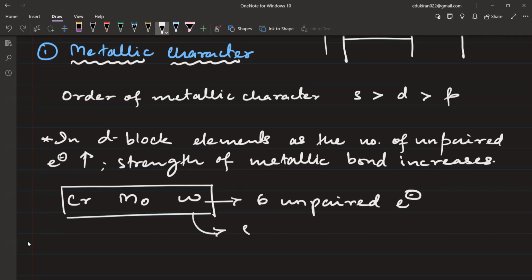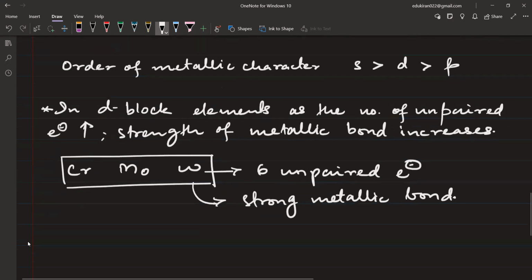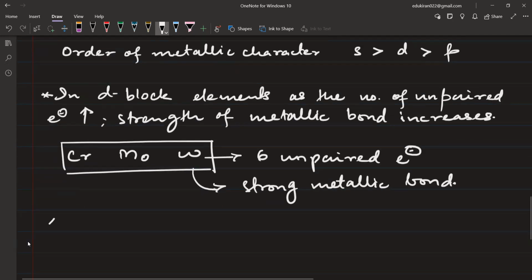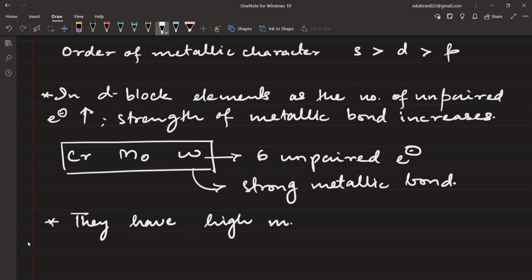That means they are going to have a strong metallic bond. If they are having a strong metallic bond, they also have high melting point and boiling point.